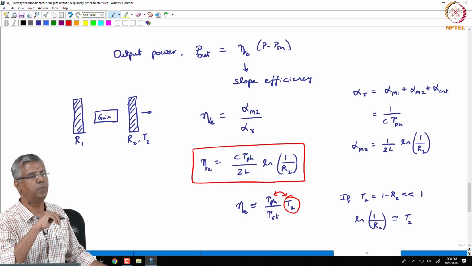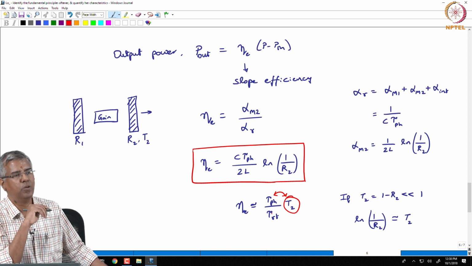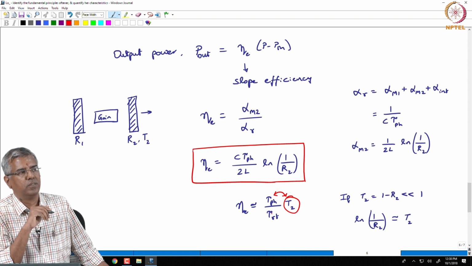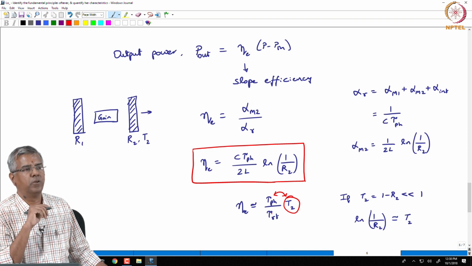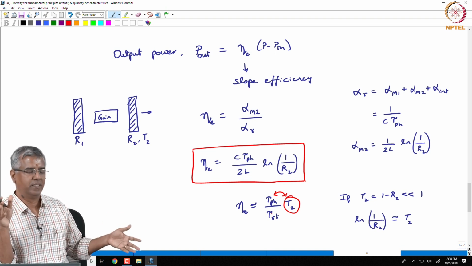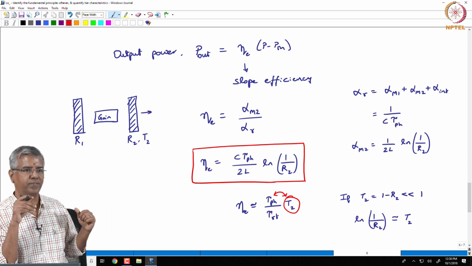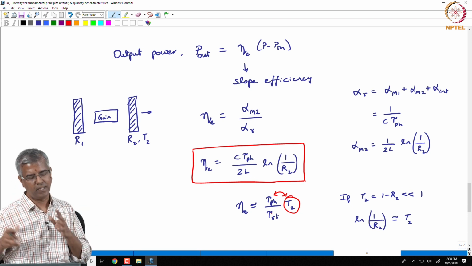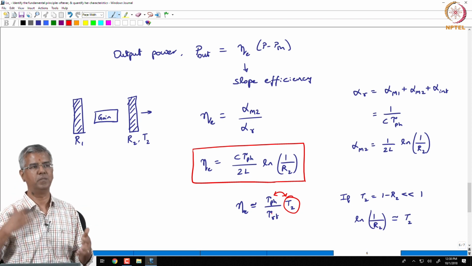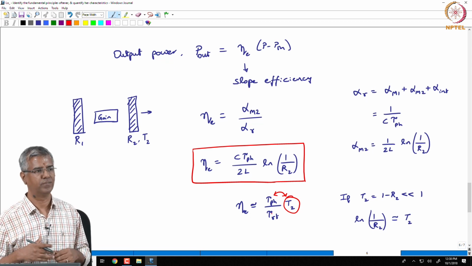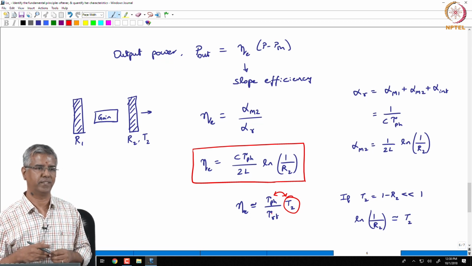Is there an optimum value for T2, where you leak out without compromising the buildup of power within the cavity? You need enough signal photons to keep that stimulated emission going. You cannot compromise that.